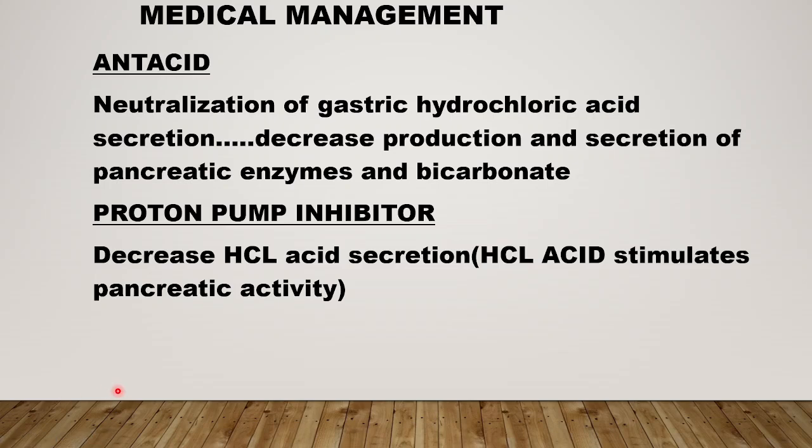If a gallstone is present in a pancreatitis patient, then we do endoscopic retrograde cholangiopancreatography to remove the gallstone. And we do alcohol cessation, with counseling and support for abstinence.